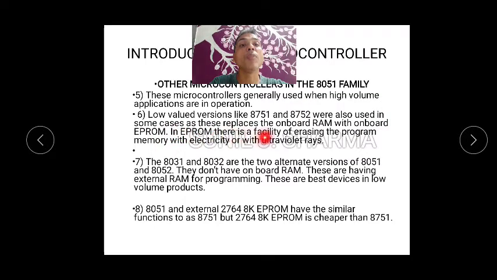In EPROM there is a facility of erasing the program memory with electricity or with ultraviolet rays. So they can erase the ROM, or they can do the reprogramming.